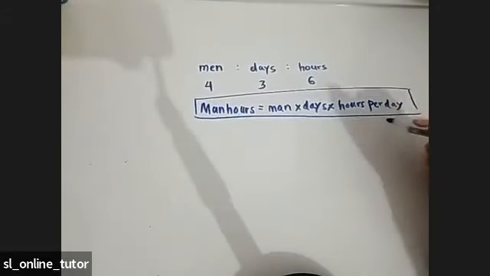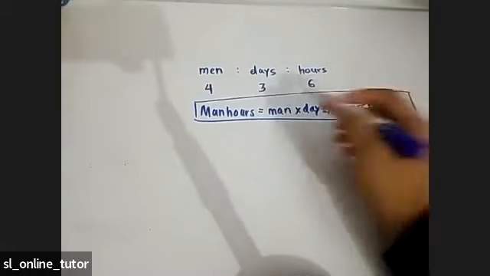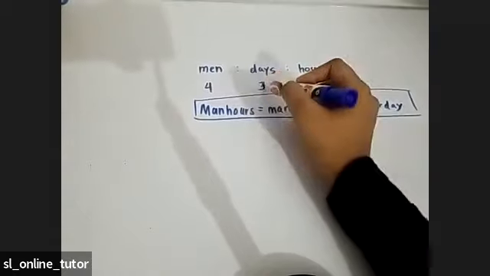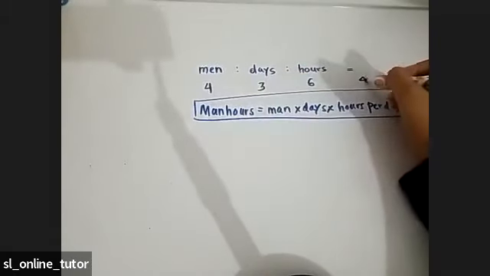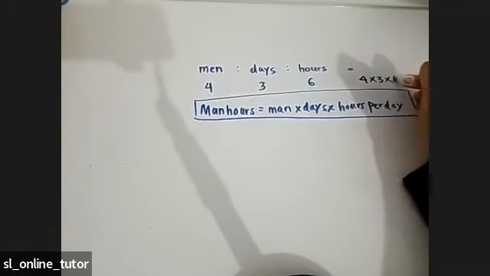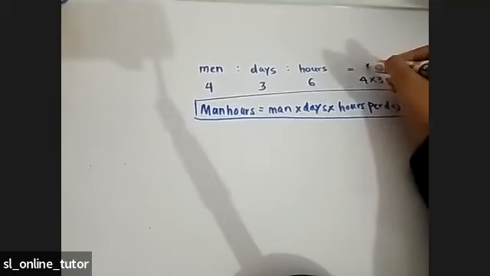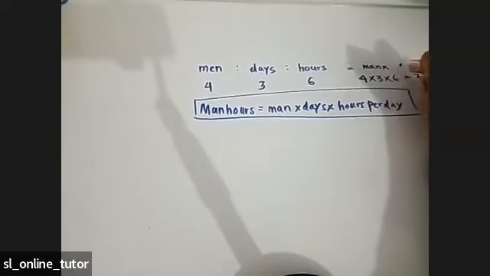Based on this only, we are going to deal with the question. Now, we can get the task as 4 into 3 into 6. So 4 times 3 is 12. 12 times 6 means you get 72. So this is the task. Man into days into hours.